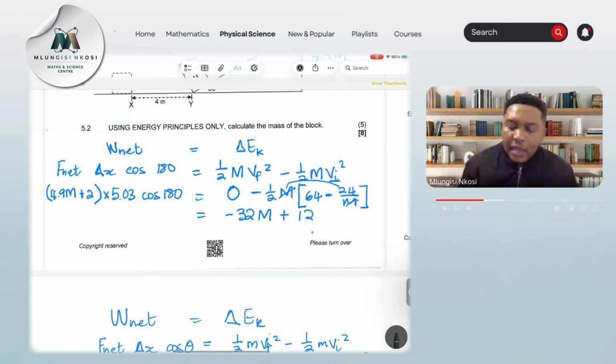That should give us our value for m, which I do believe you now have gotten. Right, and I get a value of M to be 3 kilograms.